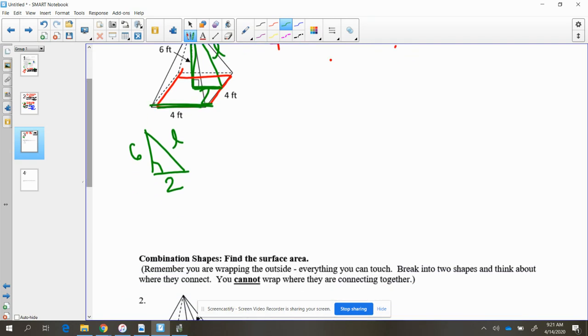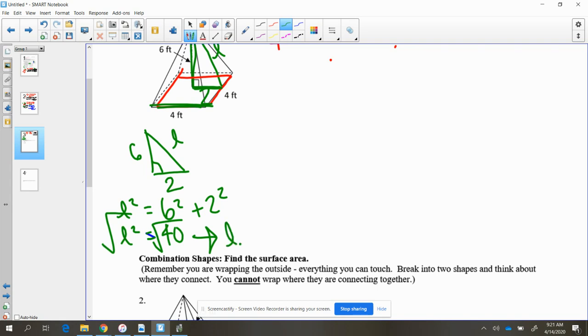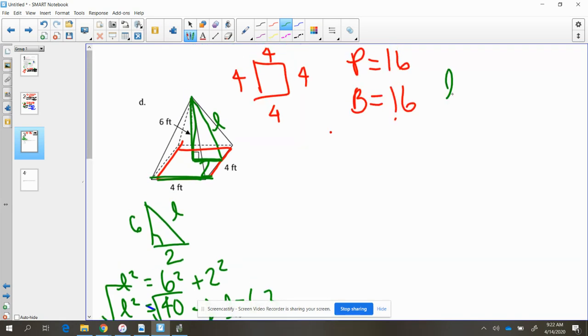They are not equal. So in order to find L squared, we need to take 6 squared plus 2 squared. So L squared is going to equal 40. And when we square root that, the square root of 40 is about 6.3. So that's going to be our slant height this time, 6.3.